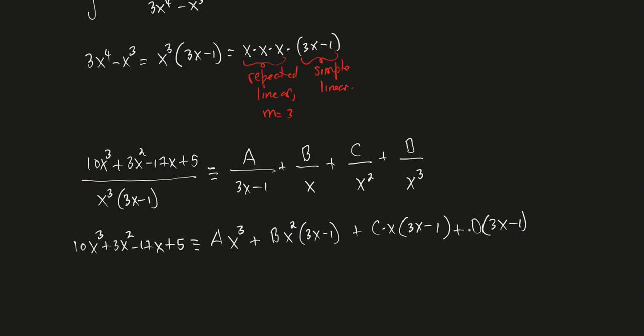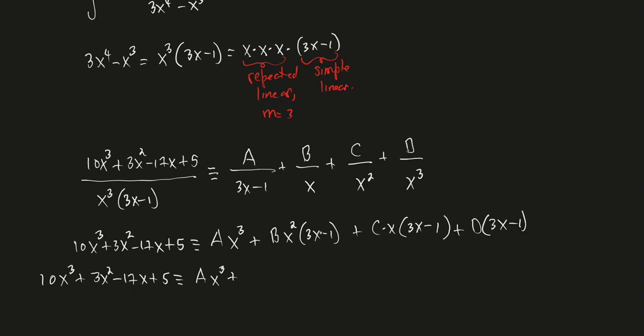Let's expand these and collect all the like terms and see what we have. So we got our 10x cubed plus 3x squared minus 17x plus 5. Now if you look closely, we only have an x cubed. Well, let's see. We have an ax cubed here.